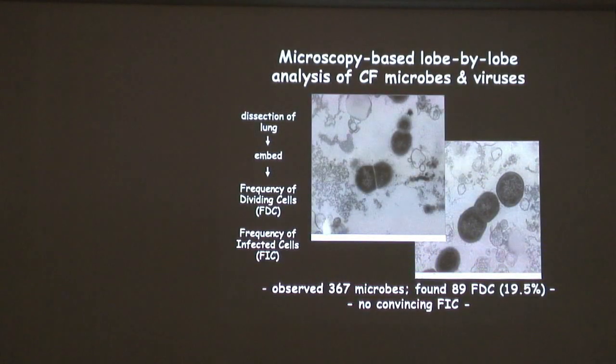However, all right, so then if you go in and you look for them directly, okay, so here you dissect the lung, you embed it, and then you look for the dividing cells, which tell you that the cells are growing. So we actually find a fairly high number of dividing cells. That's actually a very active community. But we find no infected cells.